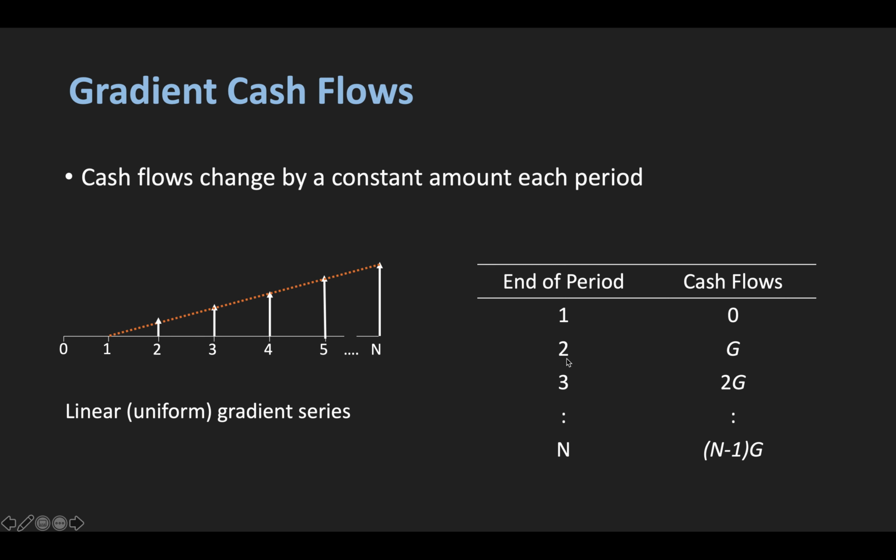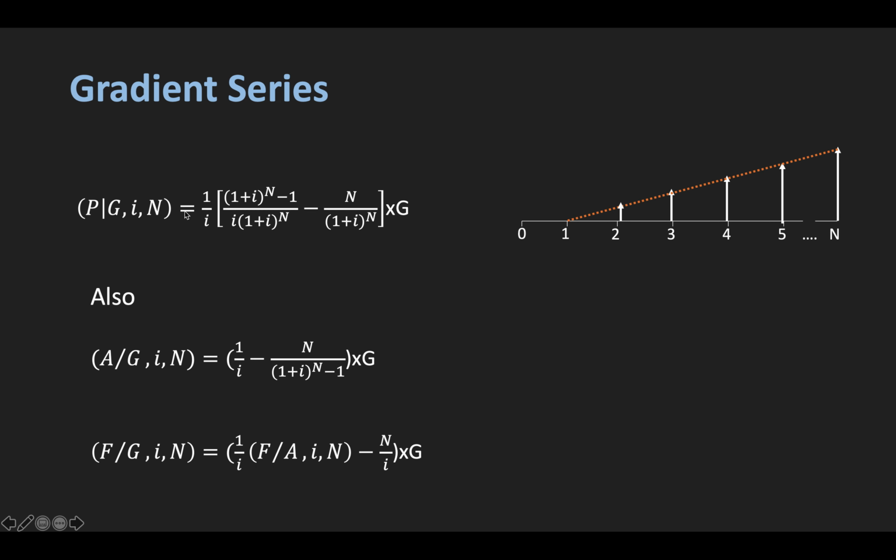At the end of year 2, it's going to be G, so increased by a constant, and 3G increased by another constant. But at year 1, it's always needed to be 0. No cash flow. Only in that case can we use this function to calculate present value.